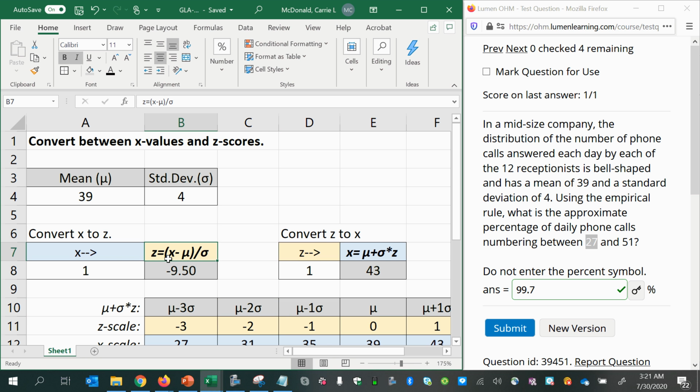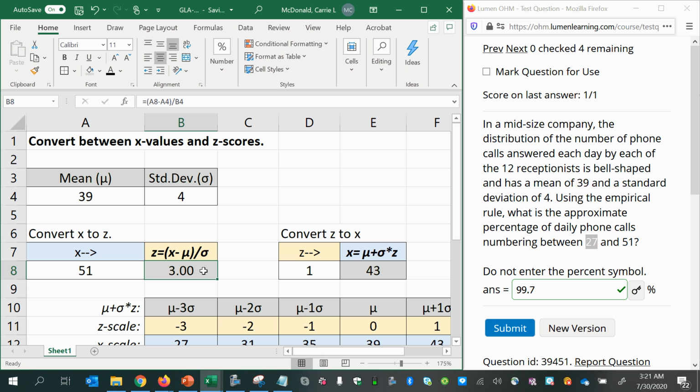You take the x value minus the mean quantity divided by the standard deviation. So if I put 27 in here, I've already got it set up to calculate for me. If I put 51 in here, it's going to give me +3, right? Because it's within 3 standard deviations of the mean.